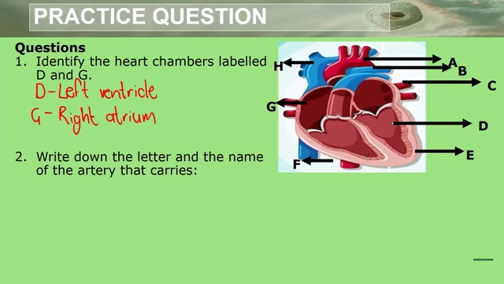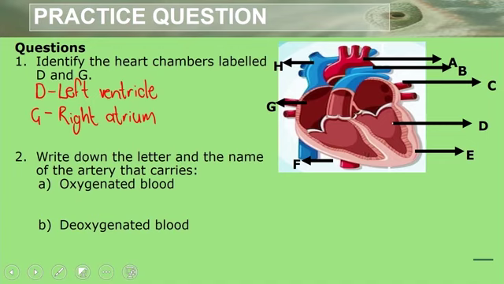Number 2 requires us to write down the letter and the name of the artery that carries A, oxygenated blood, and B, deoxygenated blood. We are fortunate this diagram has color.